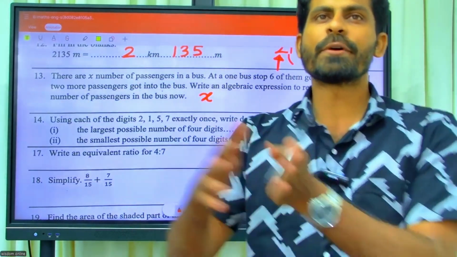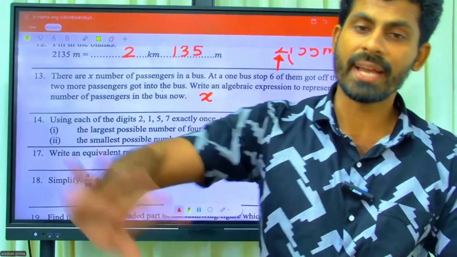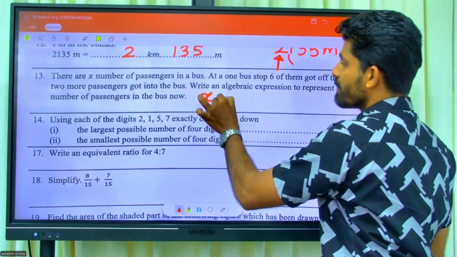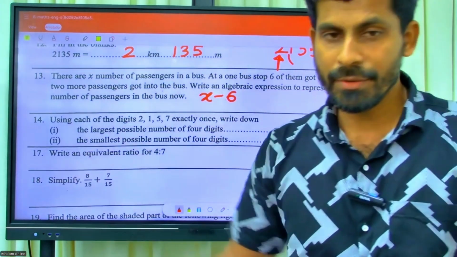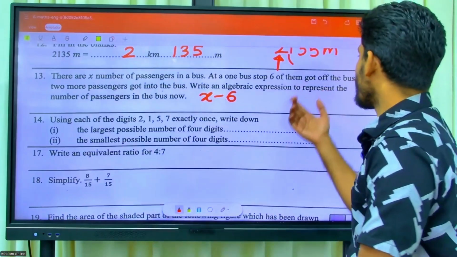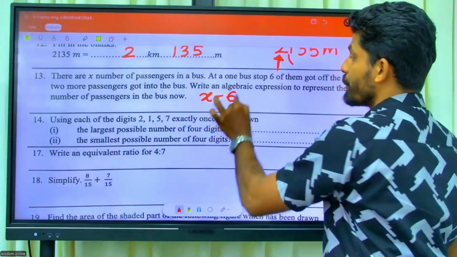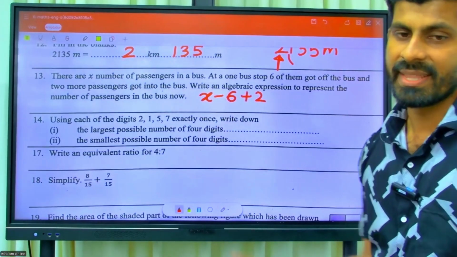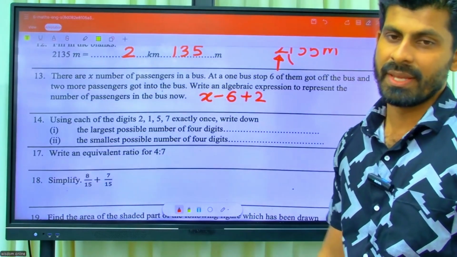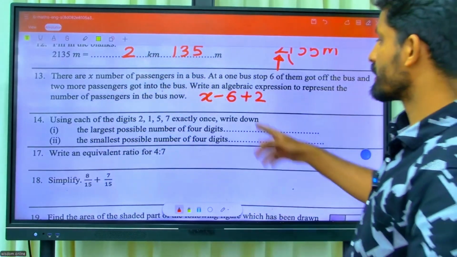Do we need to add or subtract? X passengers, 6 got off, so minus 6. 2 more got in, so plus 2. Write an algebraic expression to represent the number of passengers in the bus now.